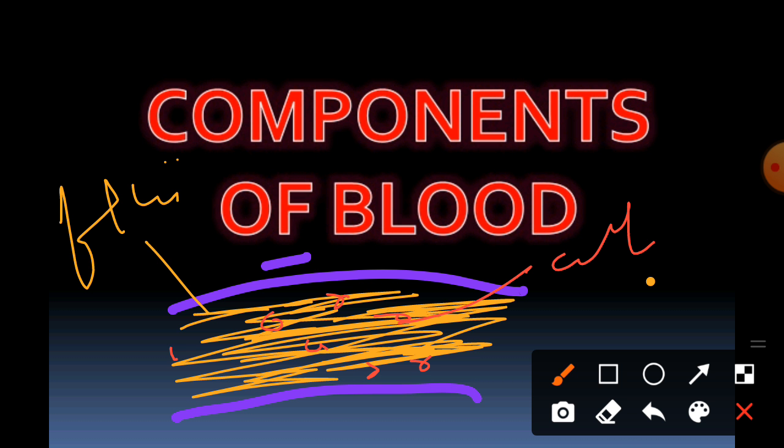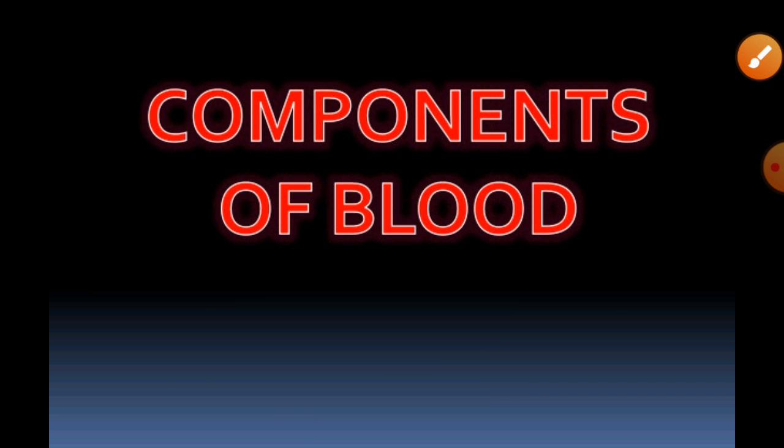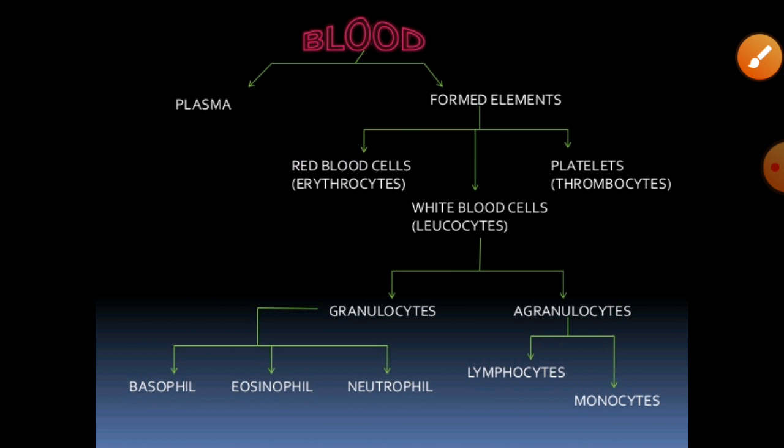So the blood has two components: the liquid and the cells, or cell components. The liquid, which is the plasma, makes up at least 55%, and the other part, the cells or formed elements, makes up 45%. So we have to know about this plasma and the different formed elements of the blood.